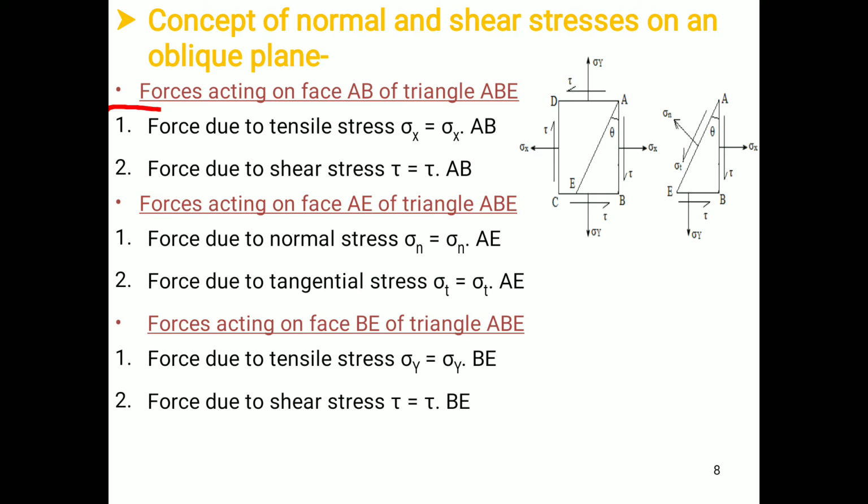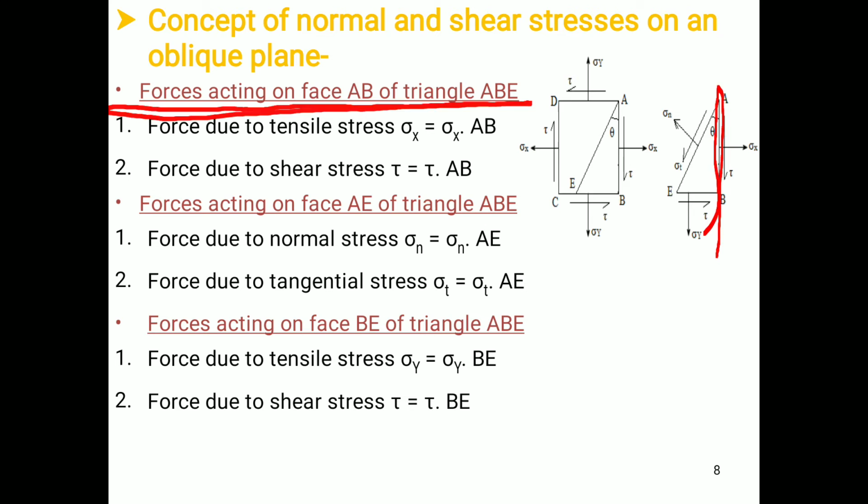So the forces acting on face AB of triangle ABE. Remember that there are 6 forces acting on triangle ABE, and those forces are in terms of normal stresses and shear stresses. So the first one is forces acting on face AB of triangle ABE.